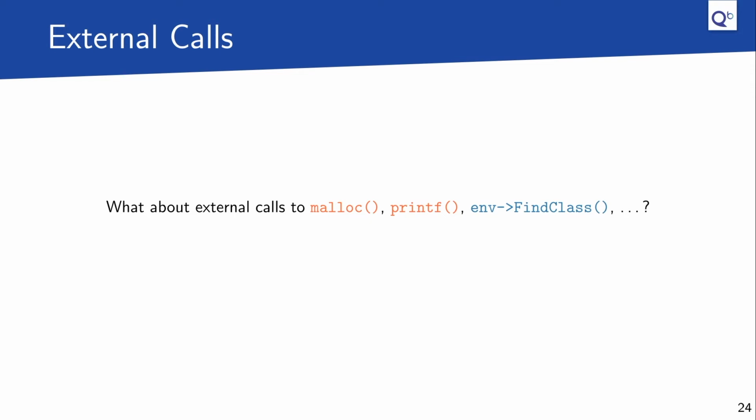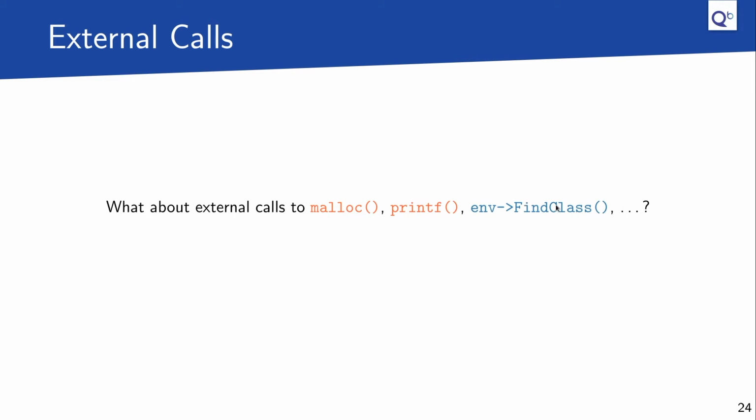So QBDI uses malloc. If the code that you trace uses malloc and that malloc is traced by QBDI, you can have an issue. And Intel, for instance, chose to provide their own implementation of malloc, printf, and so on, so that there is no conflict between the DBI, sorry, and the instrumented code.